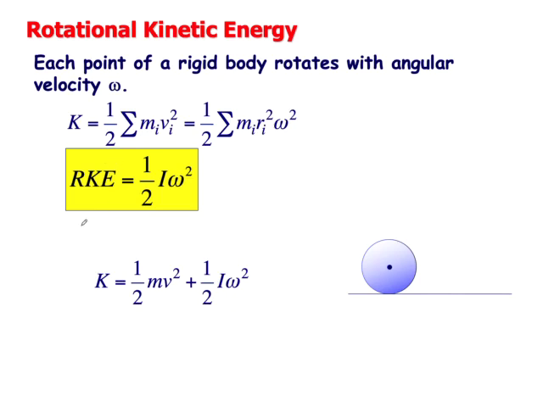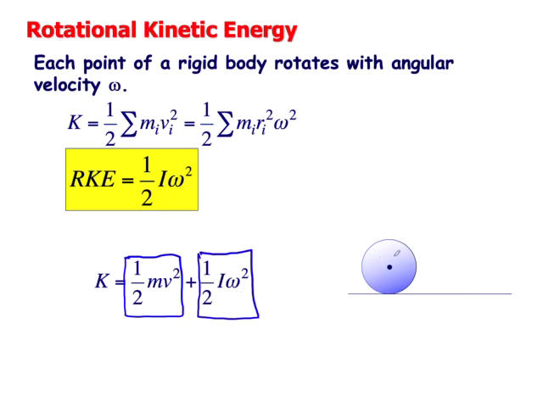You can also write it just as regular old K. So you can just say, all right, now we've got kinetic energy can either be this form of kinetic energy, which is the regular linear form that you're familiar with, or it can also take this case of a rotating object, which also has kinetic energy of a different type.